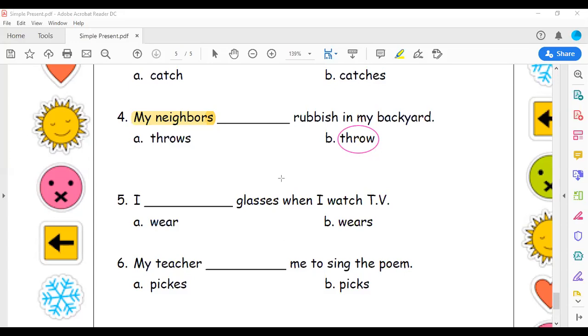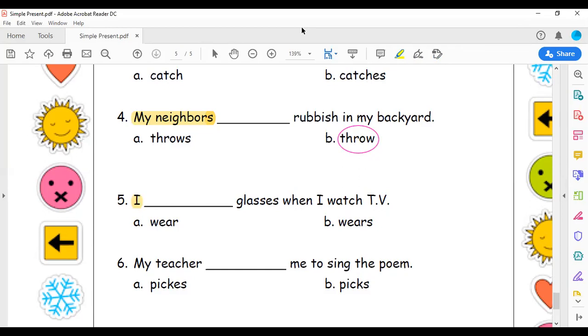Number 5. I wear glasses when I watch TV. I have wear and wears. Where is the subject? It is I. And we said that I is a singular pronoun, but in grammar it's plural. Okay? So when I have a plural subject, what do I do? I don't add anything.